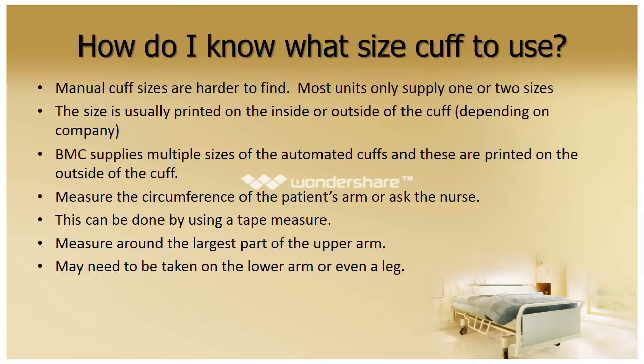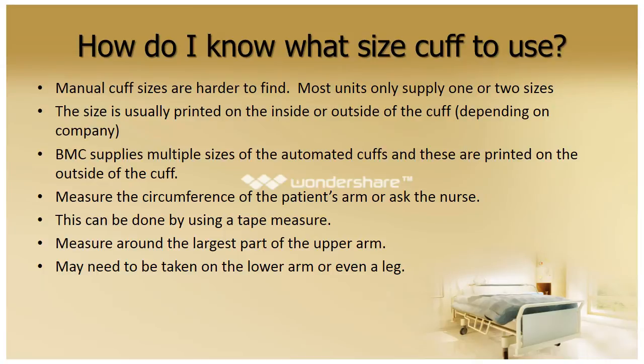So in order to measure your patient's arm or leg, it's important to use a disposable tape measure, or you can use one of your own that was purchased at a store, and measure in centimeters to come up with your number. On the outside of the blood pressure cuff, there are a series of numbers, and usually it may say something like 23 to 24 centimeters to 35.